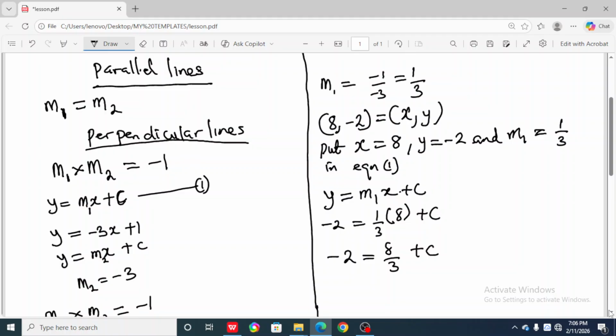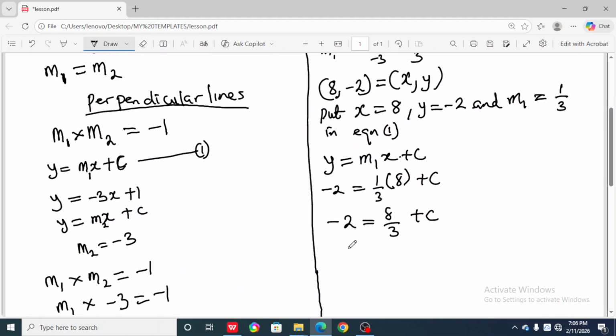Let me remove this fraction by multiplying through by 3. So 3 times minus 2 equals 3 times 8 over 3 plus 3 times c. So we have minus 6 equal to 8, plus 3c.